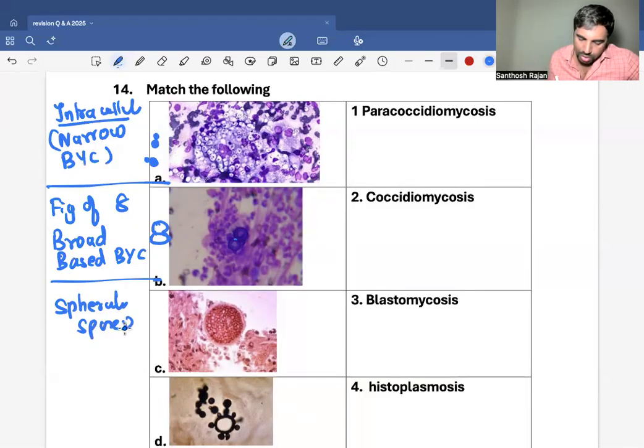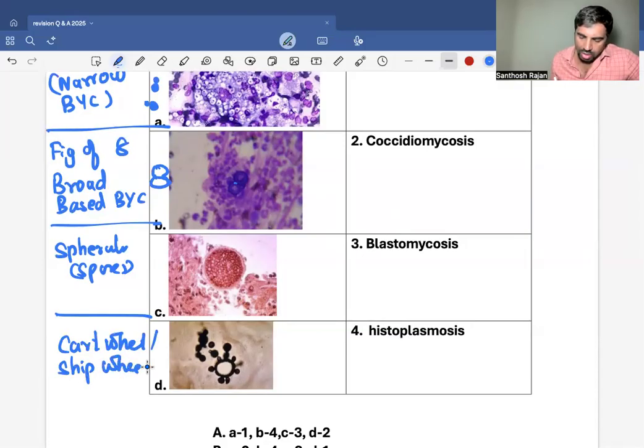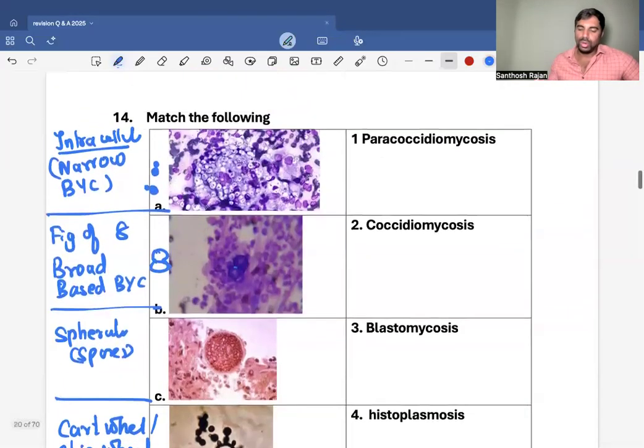Last one, I'm seeing a cartwheel appearance or ship wheel; cartwheel and ship wheel are the same. Sometimes Mickey Mouse also, if only one or fewer left, we call it Mickey Mouse. Characteristically, when you see very narrow-angle intracellular budding, it is your histoplasma.